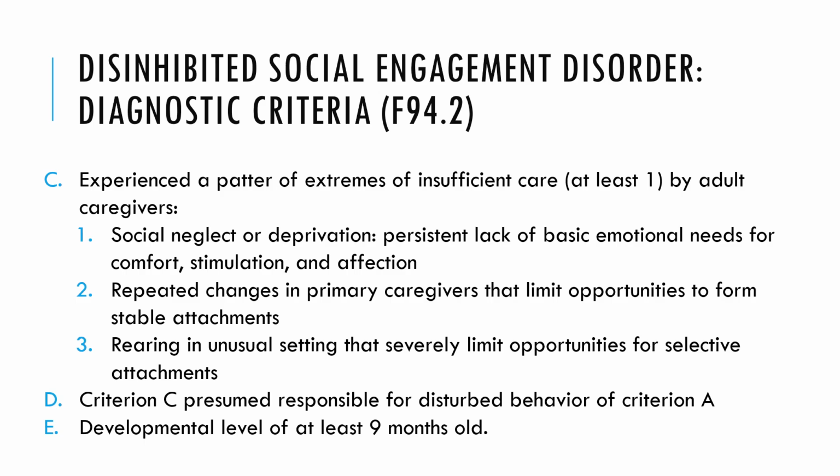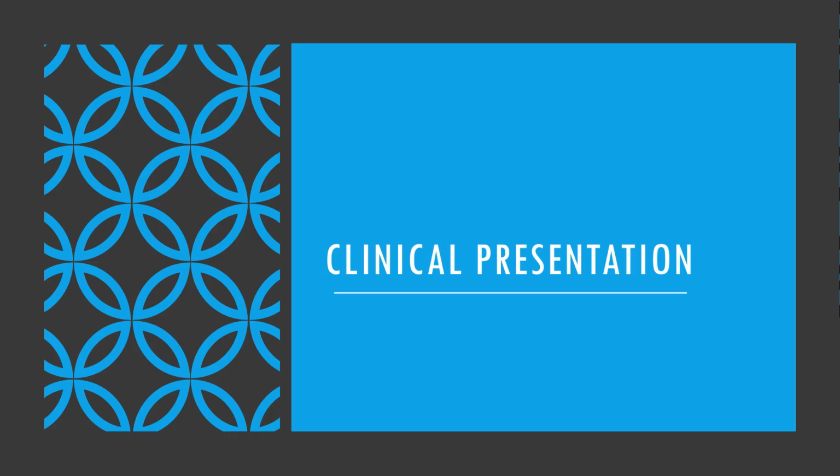Rearing in unusual settings that severely limit opportunities for selective attachments. D. Criterion C presumed responsible for disturbed behavior of criterion A. E, developmental level of at least 9 months old. There's no criteria limiting development and evidence of symptoms being before age 5, as in reactive attachment disorder, students.